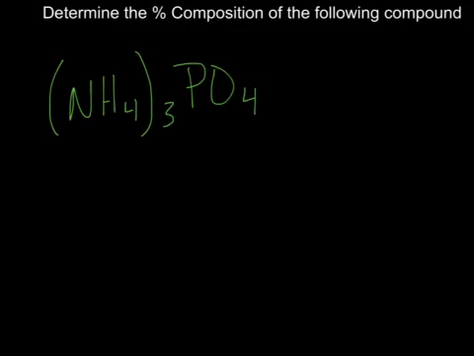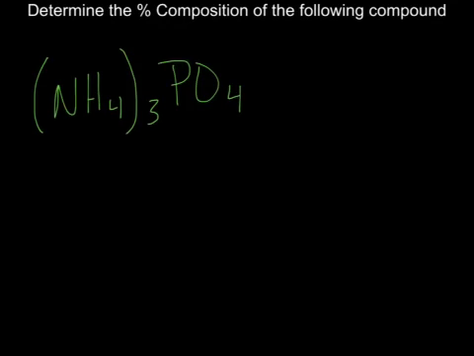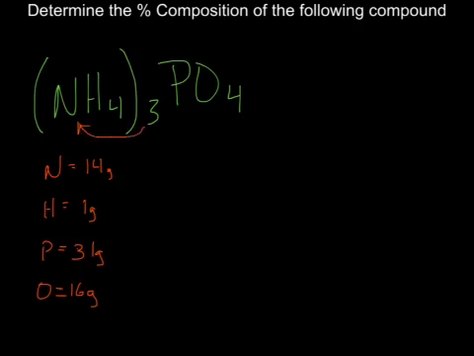Last one, gentlemen. We have nitrogen, hydrogen, phosphorus, and oxygen. Nitrogen is going to be 14 grams for its mass number, 1 gram for hydrogen. Phosphorus is 31 grams. Oxygen is 16 grams. Nitrogen, we need to multiply this 3 into it, so that's times 3.